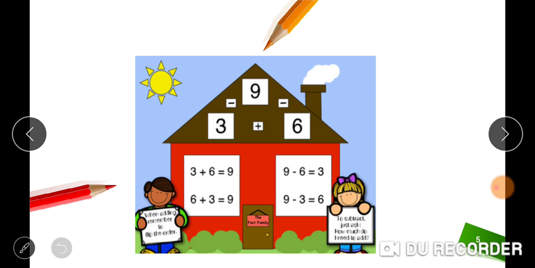Then we go to subtraction. In subtraction, the biggest number has to be in front, as the first number. So you take away the smaller numbers from the bigger number. So 9 take away 6 equals 3. 9 take away 3 equals 6.